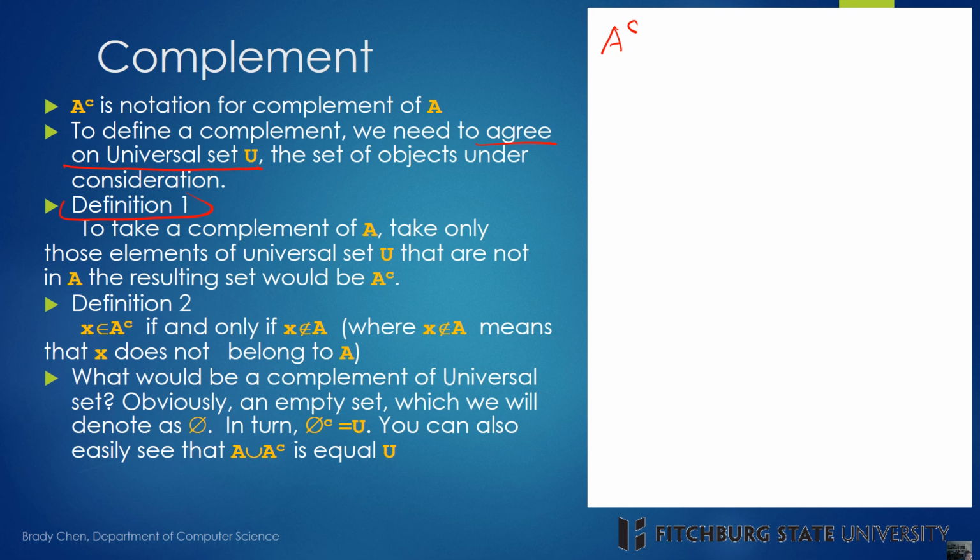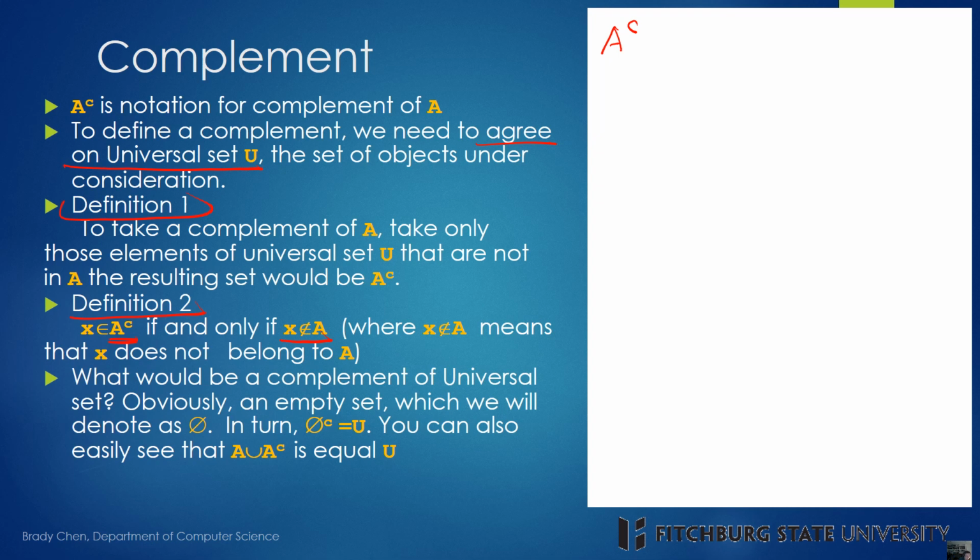Now the other definition is: an element x belongs to the complement of A if and only if x does not belong to A. So if x does not belong to A, then x belongs to the complement of A, or vice versa.